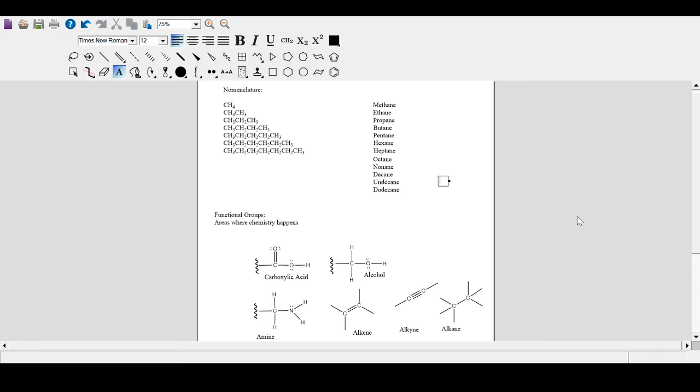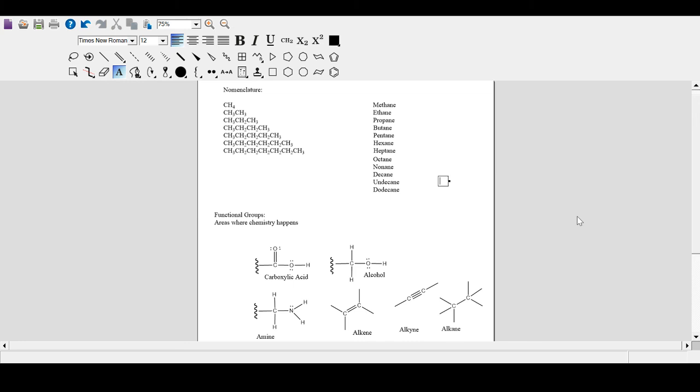That's kind of the plan. So we're learning these about a week earlier than I normally do, but I think that's fine based off our circumstances. But go ahead and look through and do methane, ethane, learn all those. And then you can also figure out the structures there for octane, nonane, decane, undecane, and dodecane, as well as kind of being able to recognize those different functional groups if you see them.